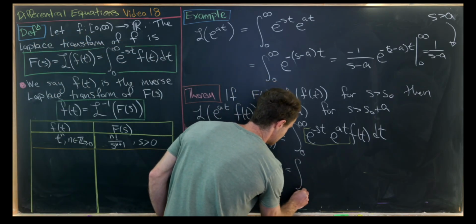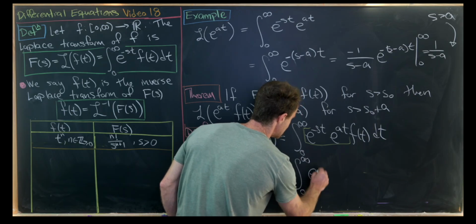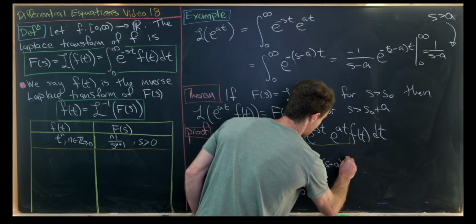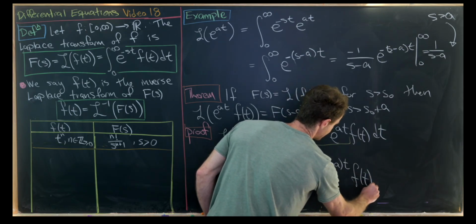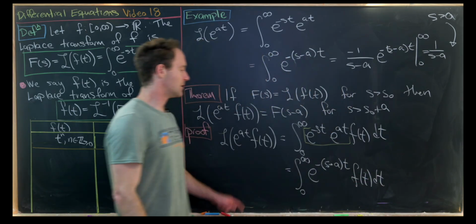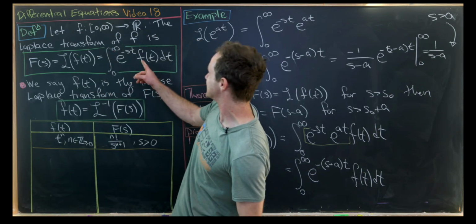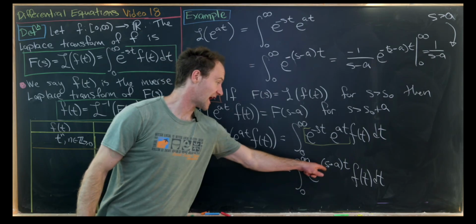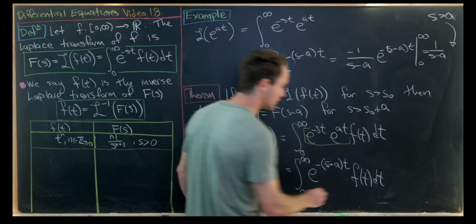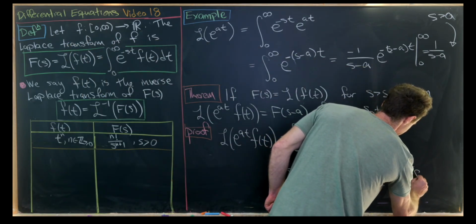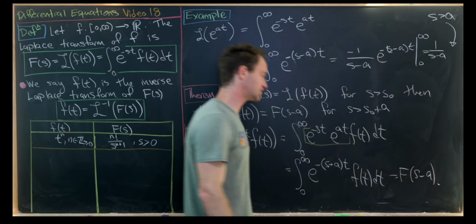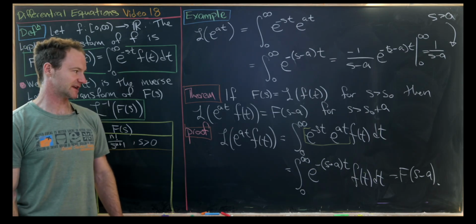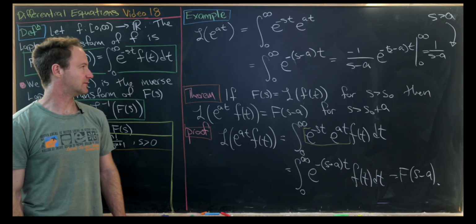And that'll leave us with the integral from 0 to infinity of e to the minus s minus a times t times f of t dt. But let's look at this. This is exactly the Laplace transform where we've replaced s with s minus a. So that brings us to our result. This is the Laplace transform of the original function where we replace s with s minus a. Okay, so that's good to keep in mind.